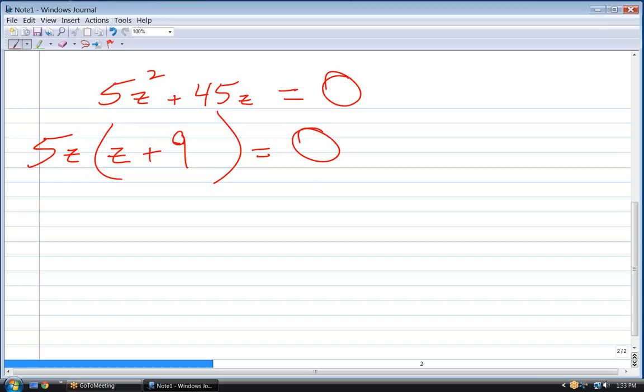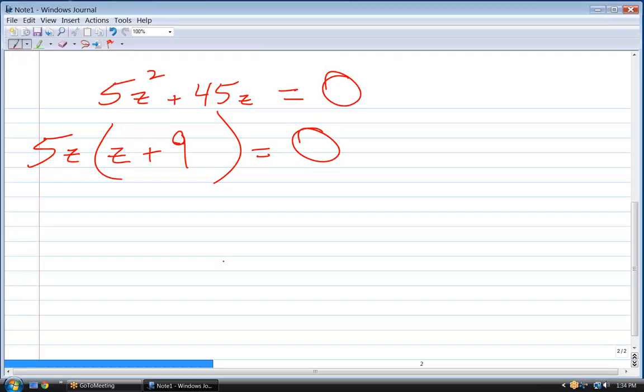Normally, you have two different things: expressions and equations. That is an expression, and you can factor an expression. We factored that expression into 5z times z plus 9. However, if the problem was an equation to solve, I still solve it by factoring this expression and setting it equal to 0.